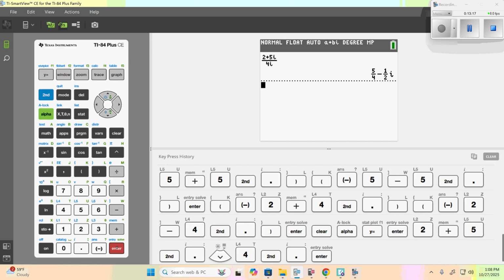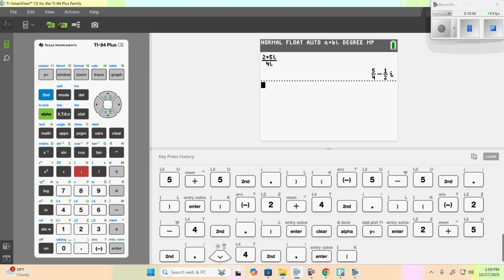Alpha, y equals, enter. Don't type it in, see what we get. You good? I have a feeling they give you an error.